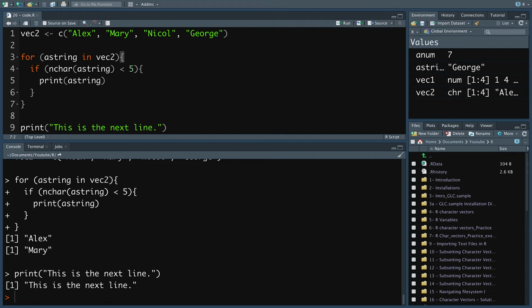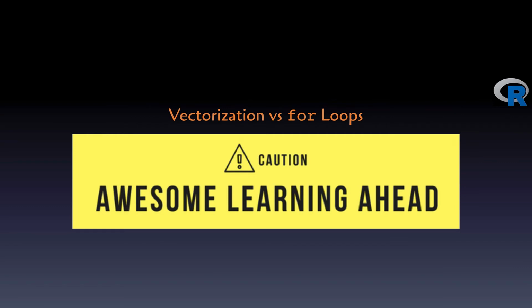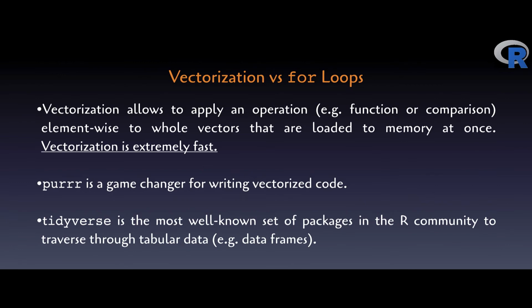Now, as promised earlier, I would like to make a comment on the use of vectorization and for loops in R. This is rather going to be a comment for intermediate R users and not so much for R beginners. As mentioned earlier, experienced R users would recommend you to use vectorized operations and avoid for loops. Why is that? Well, vectorization is a built-in feature of the R language, and it allows to apply a function or a comparison of interest element-wise to whole vectors that are loaded to memory at once.